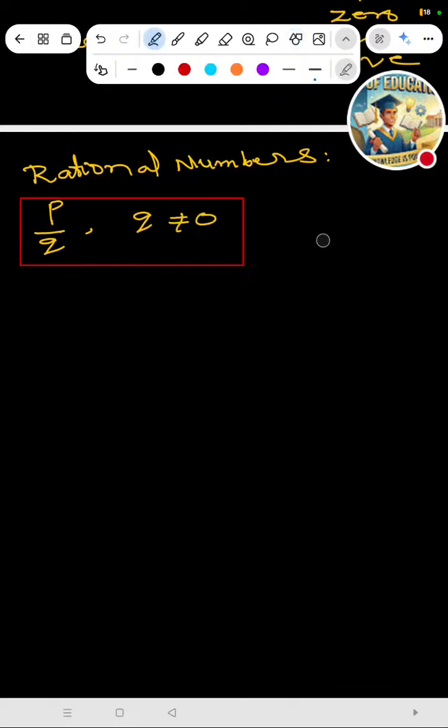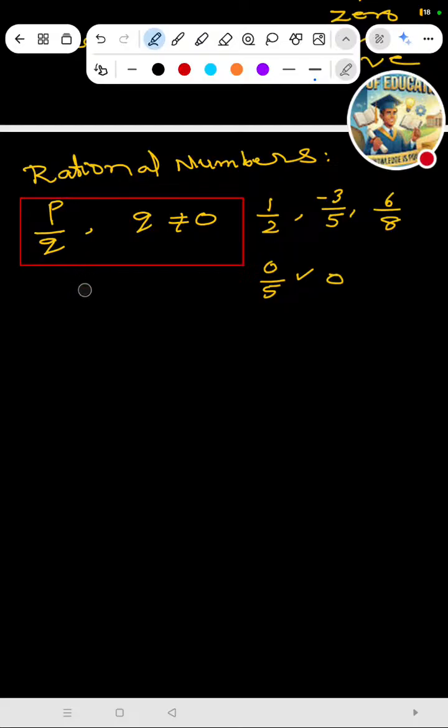For example, 1 by 2 is a rational number, 3 by 5 and -3 by 5 are also rational numbers. 6 by 8, 0 by 5 is also a rational number. 0 by 5 is nothing but 0 only, so 0 is also a rational number.